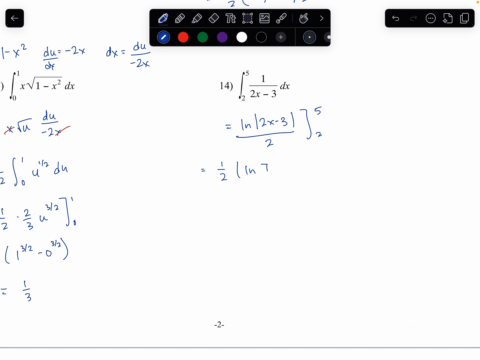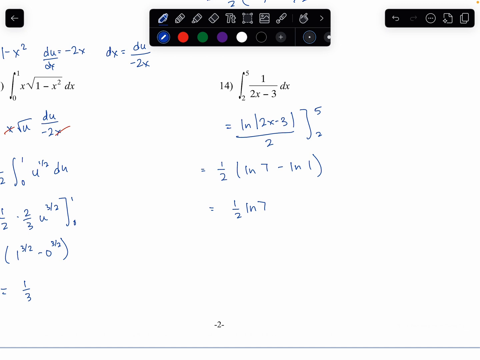Now, I don't need the absolute value signs after I plug it in, since 7's positive, so I don't need to worry about it there. And then I'll do minus the natural log, and if I plug in 2, that becomes 4 minus 3, which would be just 1, natural log of 1. And the natural log of 1 is 0, so this becomes 1/2 natural log of 7.